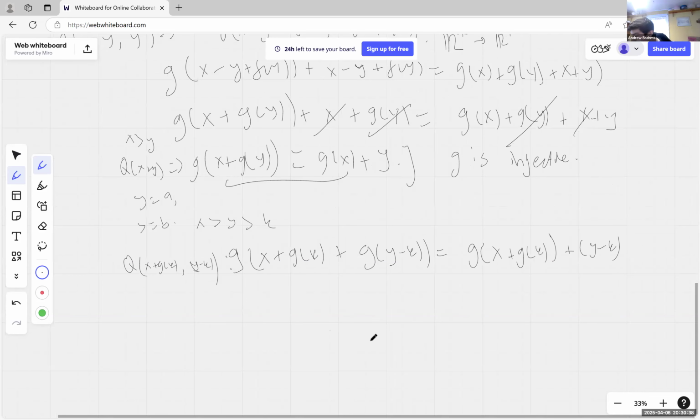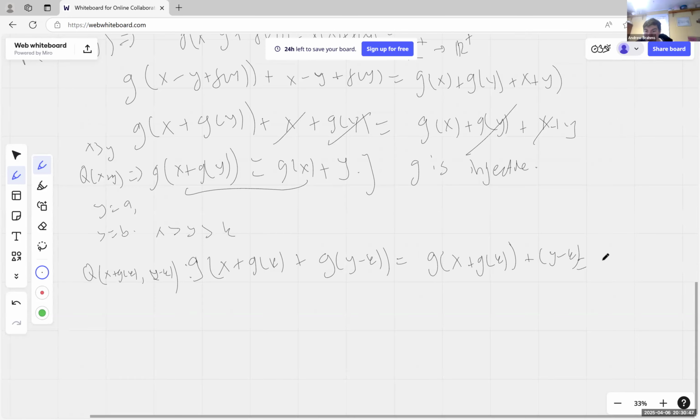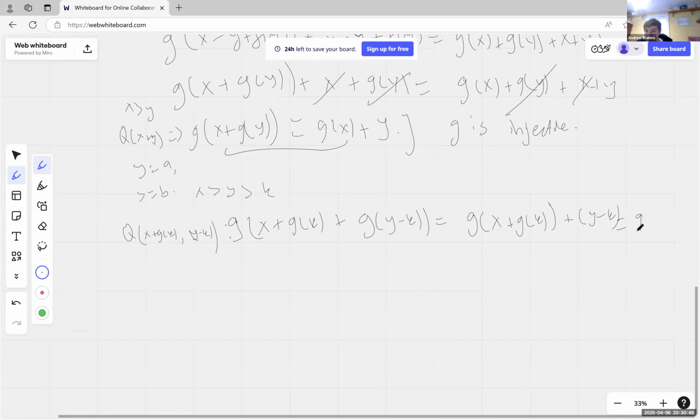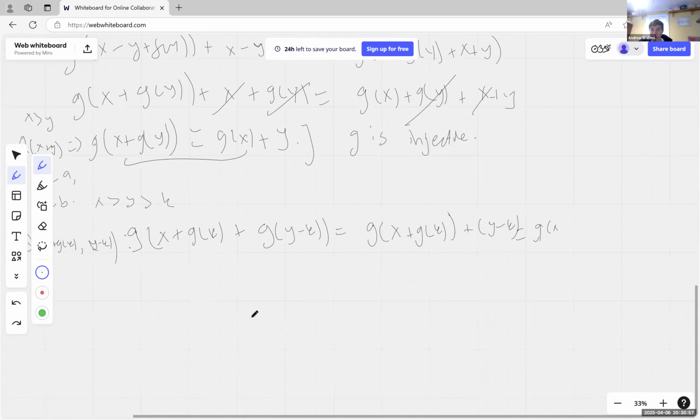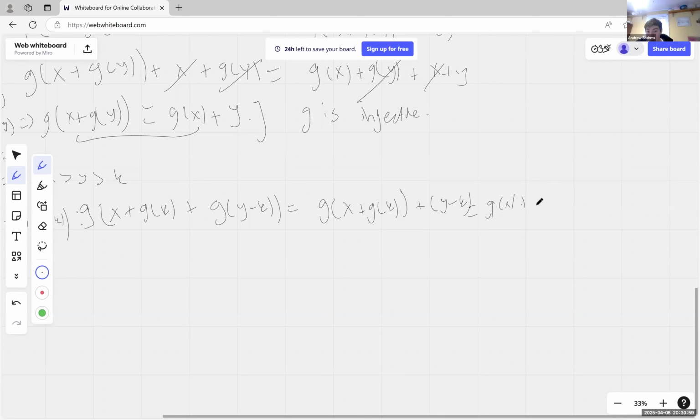And we also have that this is equal to g of x plus k plus y minus k, which you can cancel out to get g of x plus y.